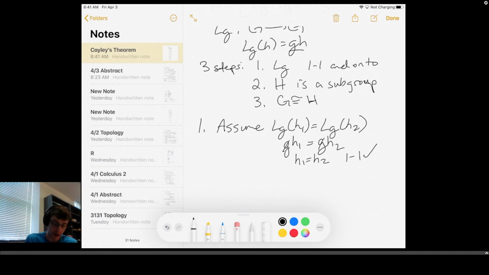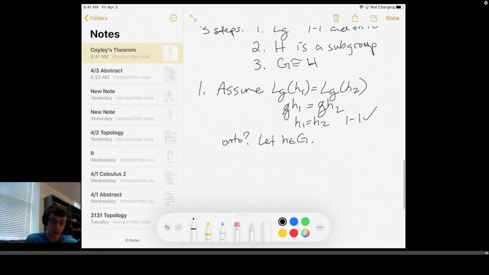Okay, why is it onto? Well, start with some random element h in your group. What do you need to left multiply by? I want L_g of something equals h, right? That would give me onto. What should x be? Well, you can just solve for it. This would mean gx equals h, so x should be g inverse h.